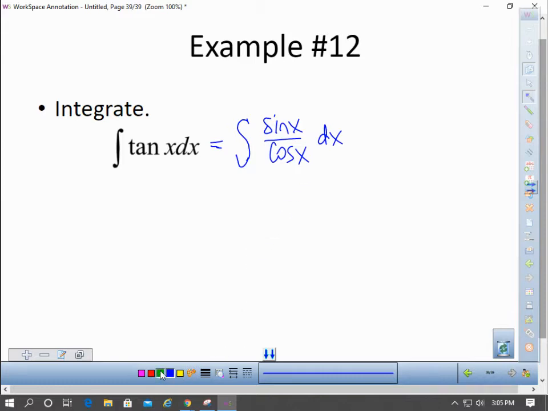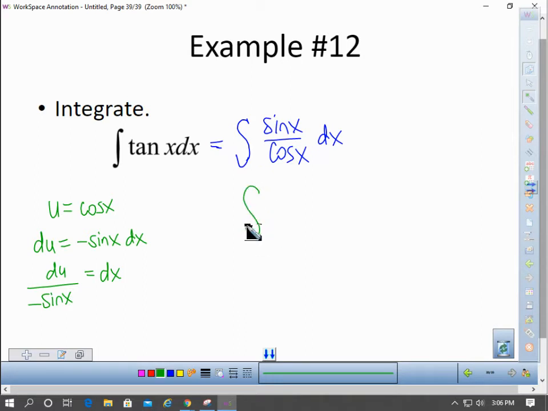So now I'm going to do a u substitution. So u is going to be my denominator, cosine x. Then du is going to be, the derivative of cosine is negative sine dx. And then I'm going to divide by negative sine. So I have du over negative sine x. Now I'm going to come over here and trade out.